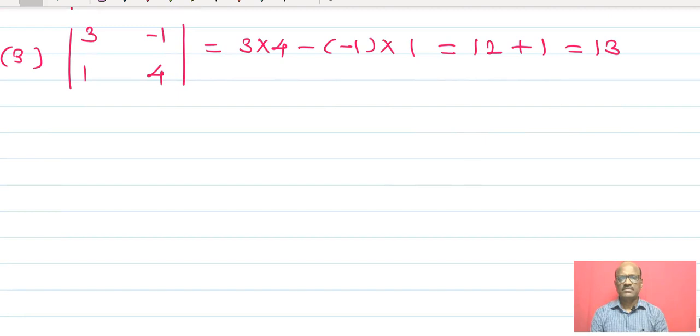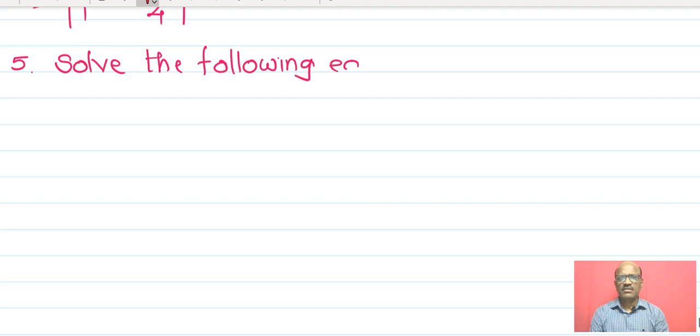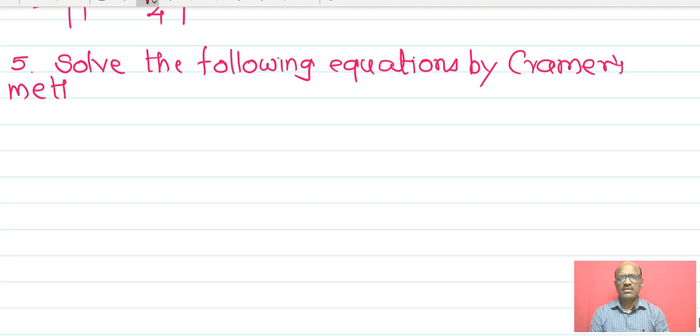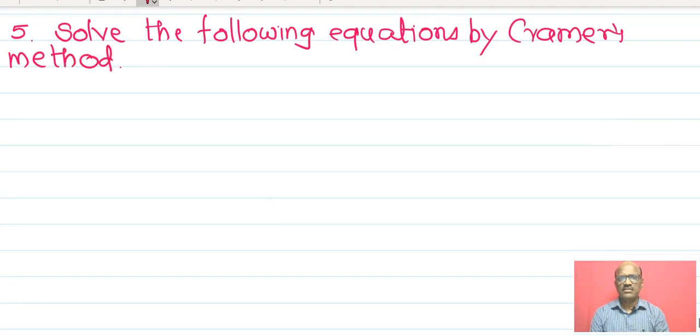Now next, solve the following equation by Cramer's method.